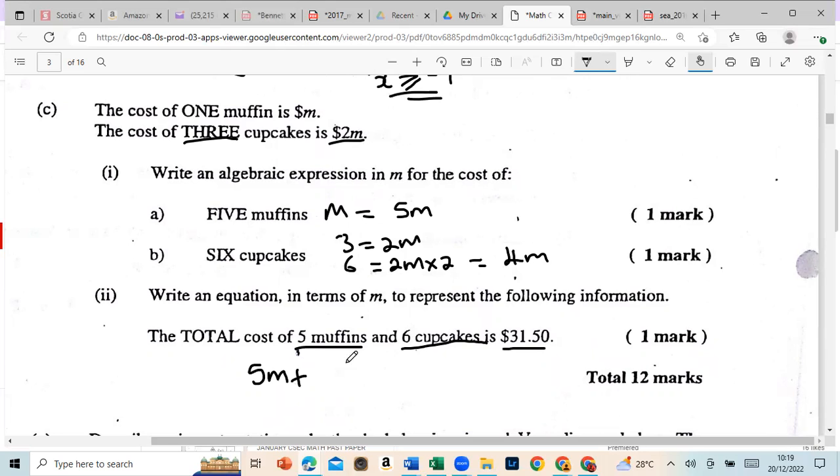So that would be 4M. They didn't ask us to solve it. Notice it's only 1 mark. So you don't necessarily have to solve it. I was telling one of my students yesterday, you don't have to solve it. But just in case you needed to solve it, what you would have done is to just divide both sides by 9. All right. So this would be our answer because they did not ask us.